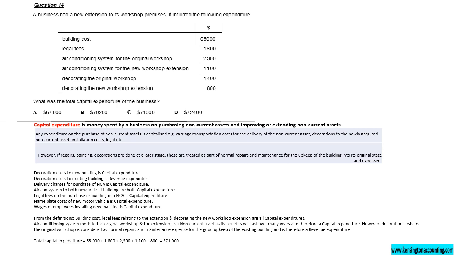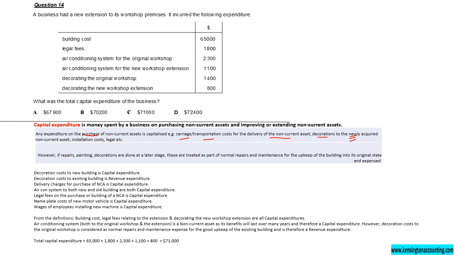It relates to, as written here, purchase of non-current assets, which includes carriage or transportation costs for the delivery of a non-current asset. It will also include decorations to a newly, not an old, but to a newly acquired non-current asset. It will include installation costs. It will include legal costs.